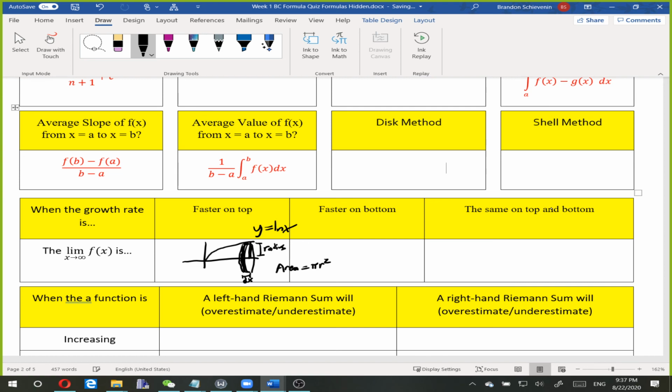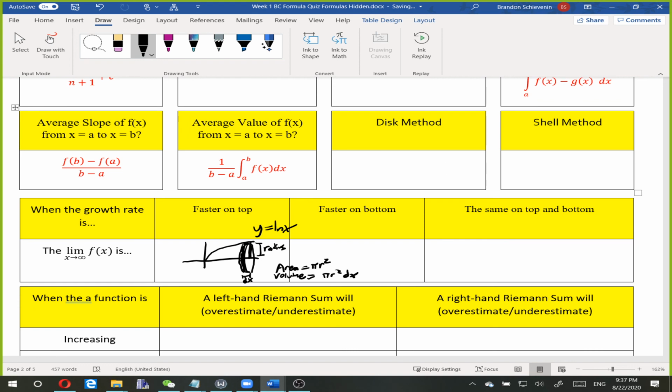Pi r squared, because it's just a circle. If I want to make it a volume, then I would multiply by my depth of that circle, which in this case is dx. So my volume is pi r squared times dx.